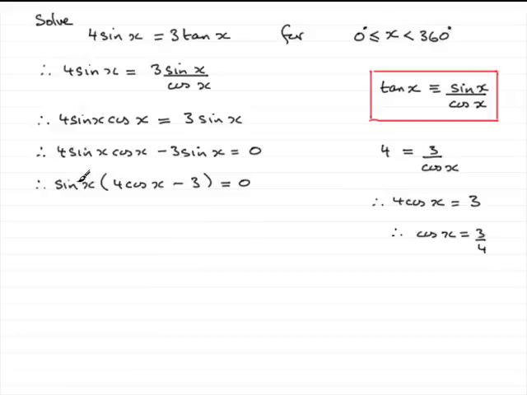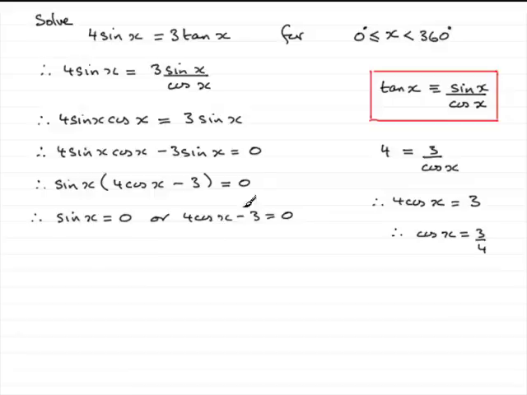Now that means that we have two factors being multiplied together equaling 0, so that means that therefore either sine x, the first factor, equals 0, or the other factor, 4 cos x minus 3, equals 0.